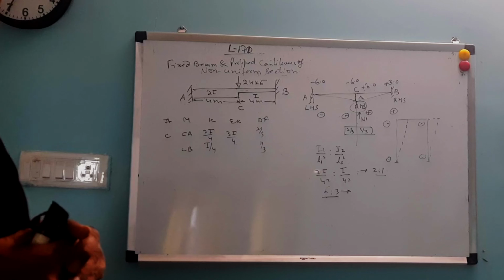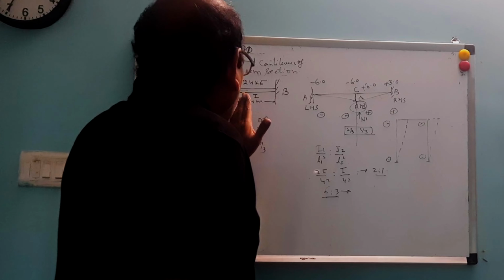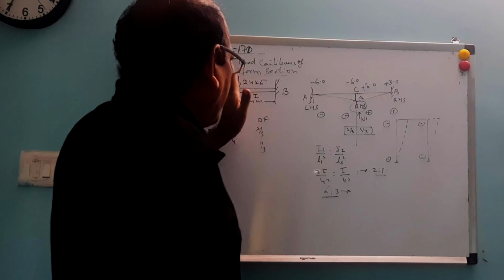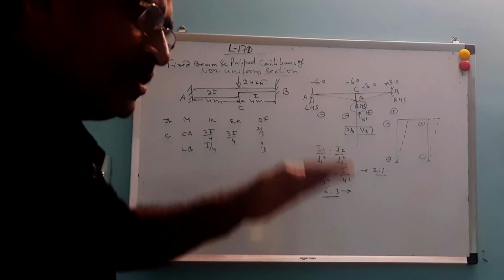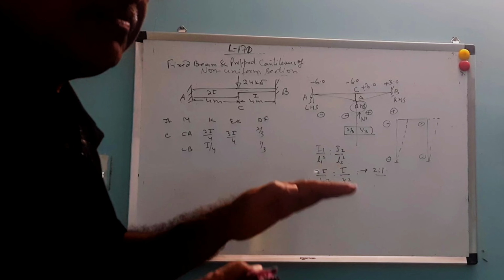As a propped cantilever means the force is upward from here or downward. This point has been propped. This is swinging, producing some sway.